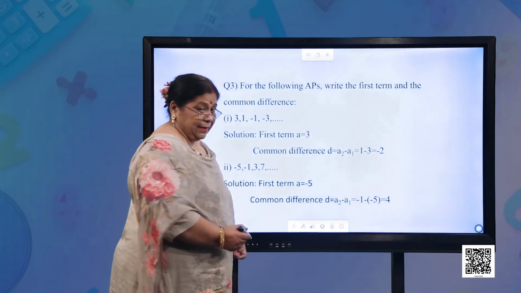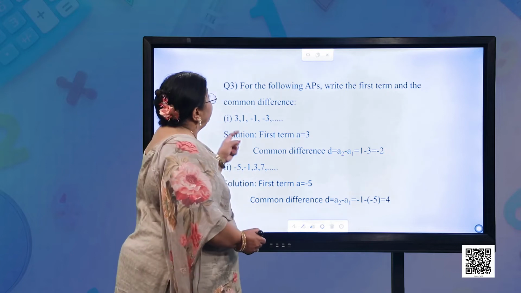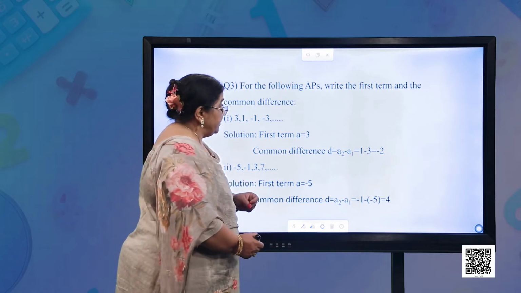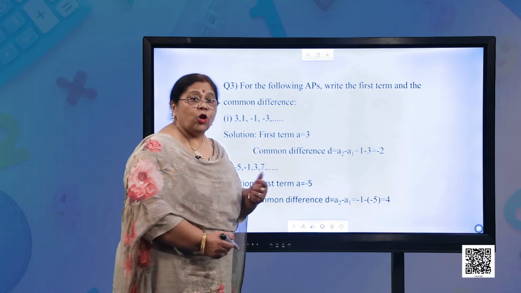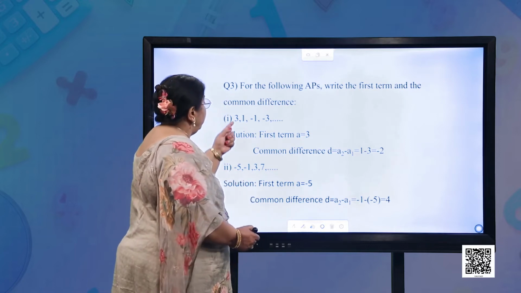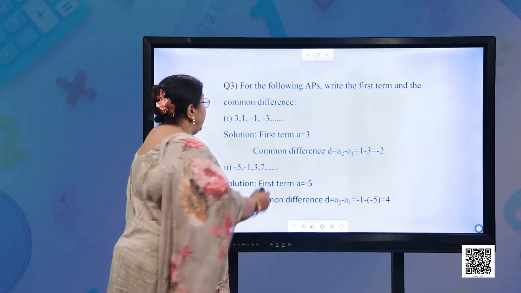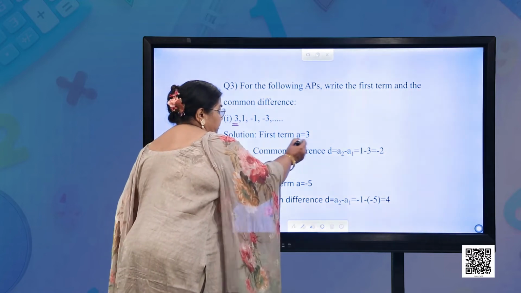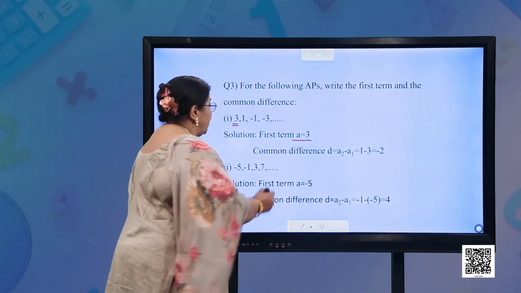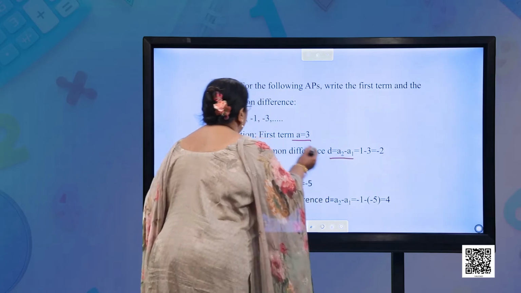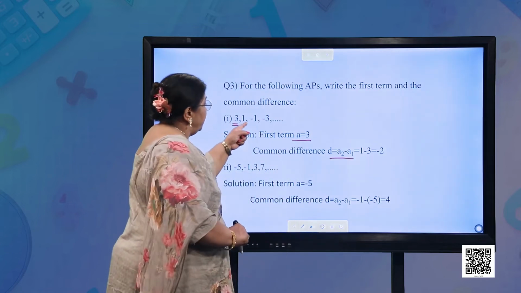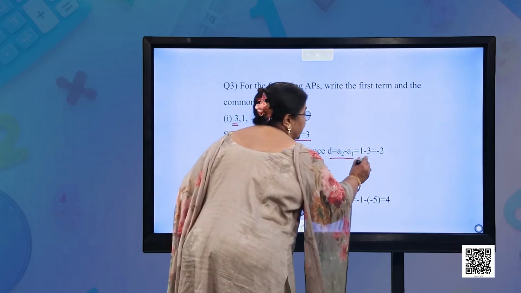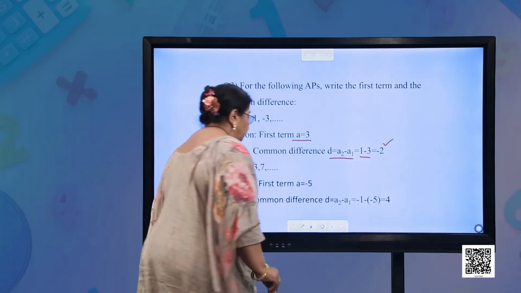Now, let us see the next question. For the following APs, write the first term and the common difference. We have 3, 1, minus 1, minus 3. Just observe, what is the first term? Good, it is 3. Common difference can be calculated by subtracting first term from second term. So, 1 minus 3 gives me minus 2.